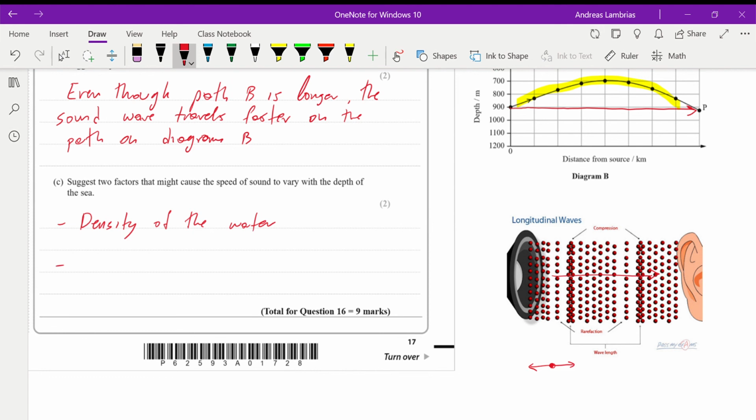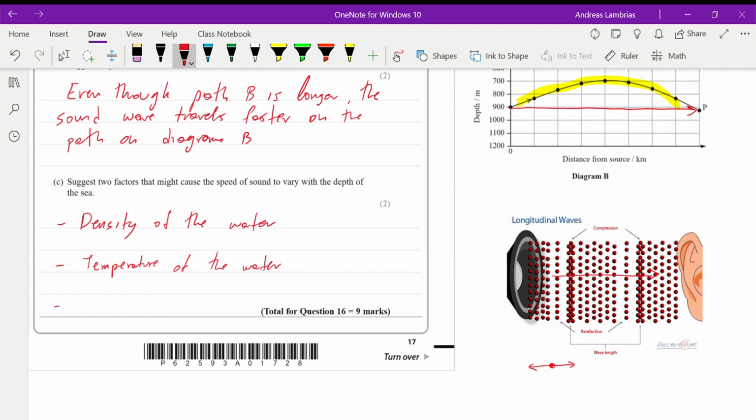And also, if the temperature is higher, that will also affect it, because if the temperature is higher, the particles will have more energy. Therefore they're going to oscillate even more, and the wave will propagate faster. So that will be the temperature of the water.